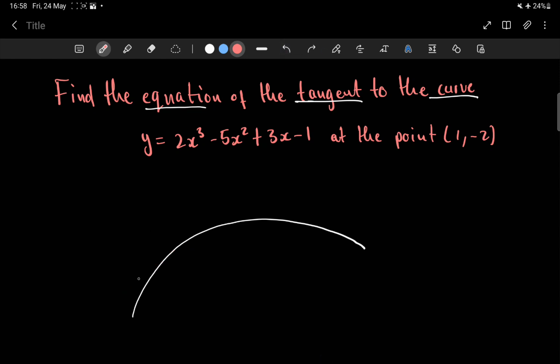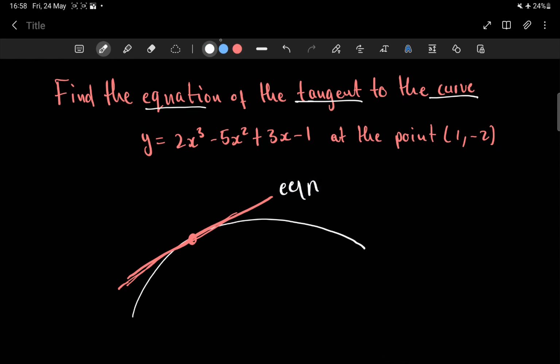So I'm actually not drawing it properly here. Just touches your curve on one position. Okay, it's a straight line. It's a line. So we know it's a line. Okay, and it just touches your curve on this. So since it's a line, we want the equation of this line.